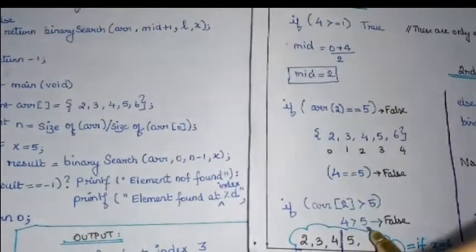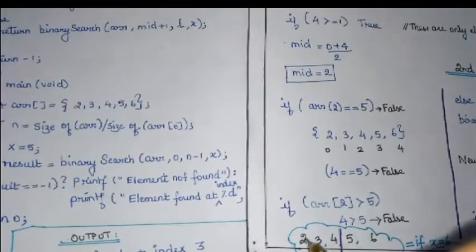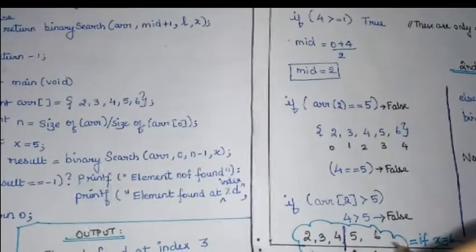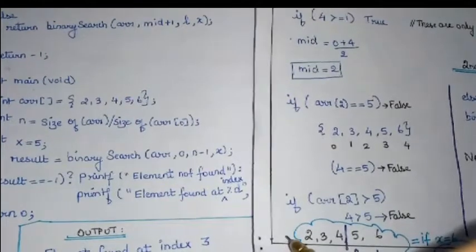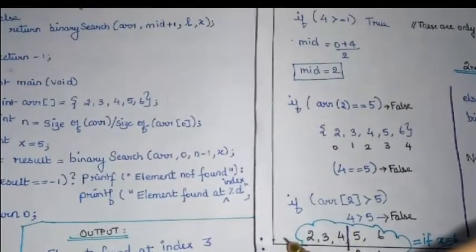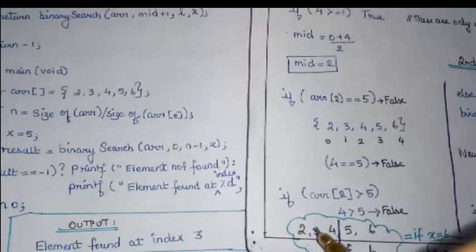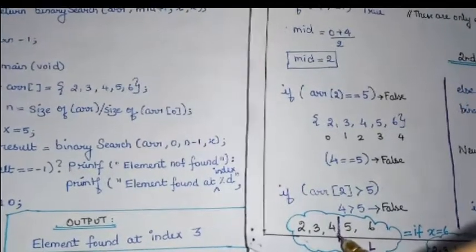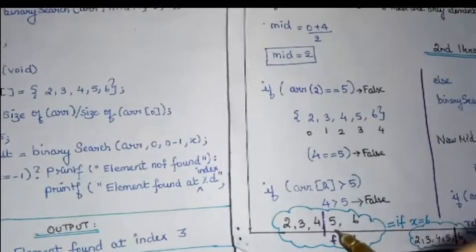So from this point we can surely say that the elements before 4 can never be 5, because this is a sorted array. So you can just close your eyes and remove these 3 elements from the list, so that my list will be only 5 and 6. How will you write this particular idea in the form of a statement?